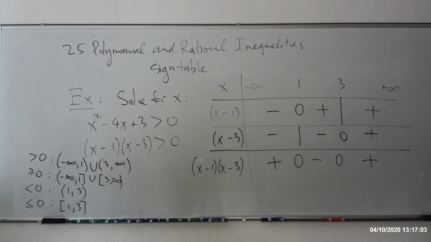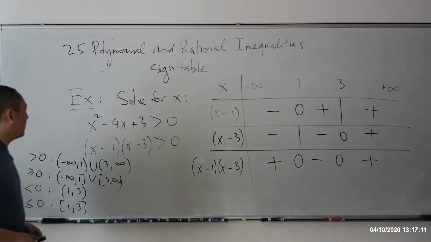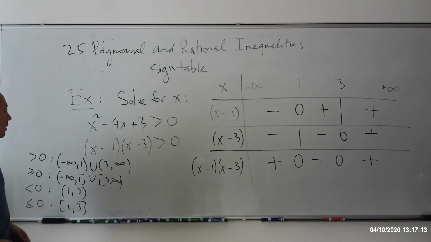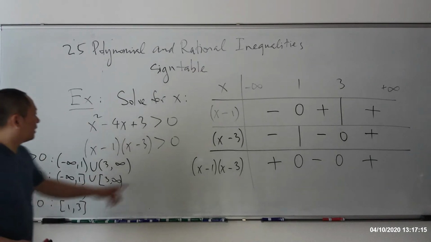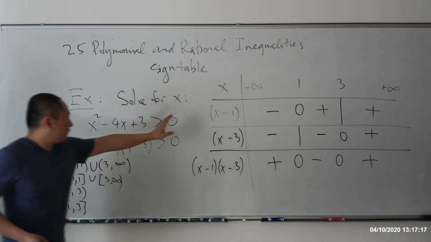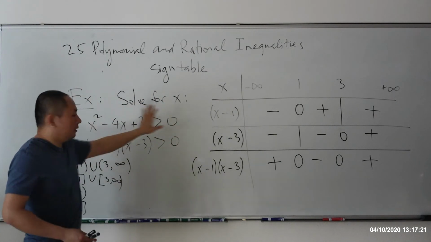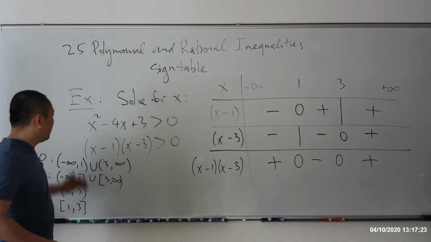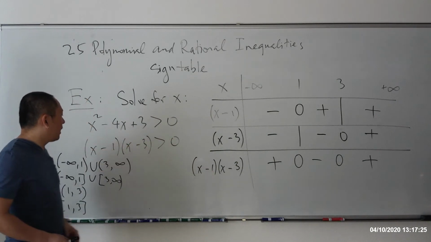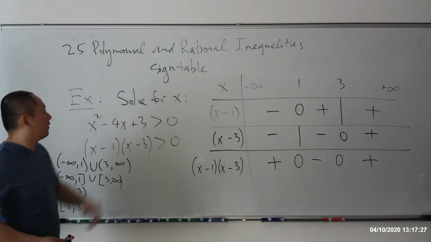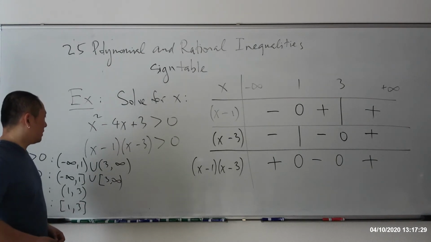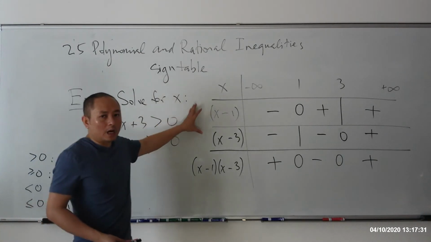Yeah, this example, I hope that you get some idea of what it means by the sign table and see the use of it to help you to find the sign of a polynomial in general, or in other words, solve an inequality. Okay. First of all, bring everything to one side, 0 on the other side. Second, factor out the polynomial, and later on, you'll see we're going to factor out the rational function, and then you construct the sign table.